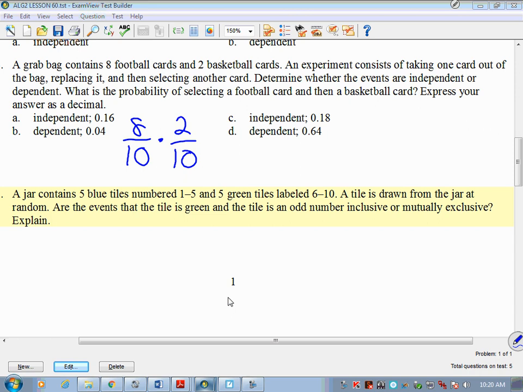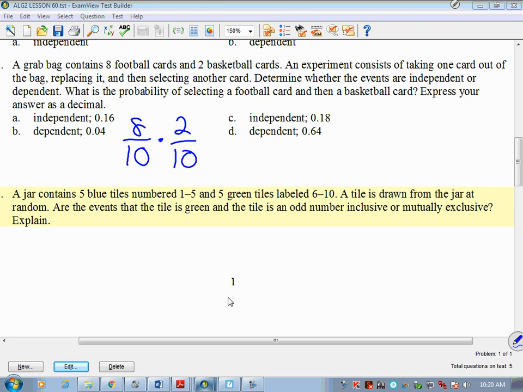Now I'm going to disagree with this for a second. Now, oh, okay, I see what they're saying. Because we're going to replace it, right? We want to select a football card, then we're going to put it back, and then we want to select a basketball card. If we didn't replace it, this denominator to 2 would be 9, right?